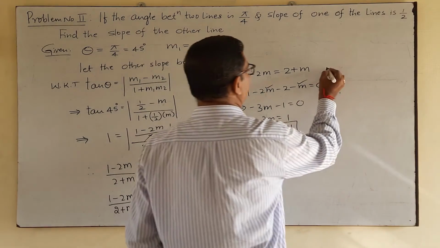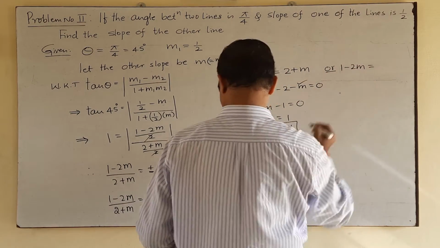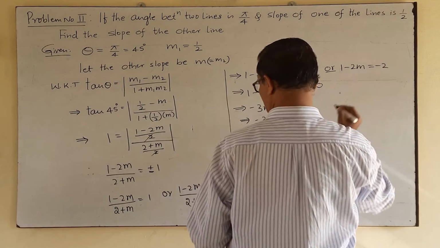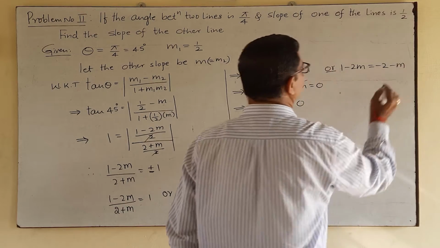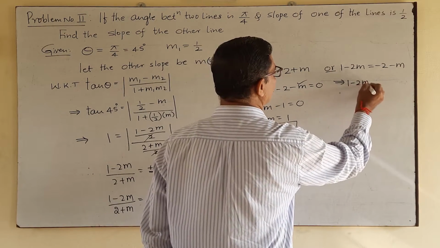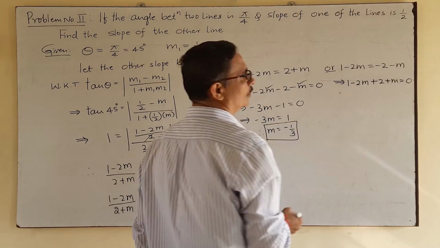Case 2, the one more result. 1 minus 2m is equal to, cross multiply, 2 into minus 1 minus 2 plus m into minus 1 minus m. Then simplify: 1 minus 2m, take equal on the right side, plus 2 plus m is equal to 0.